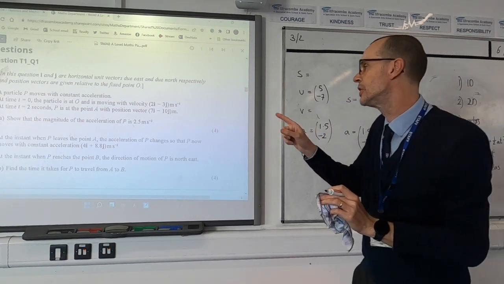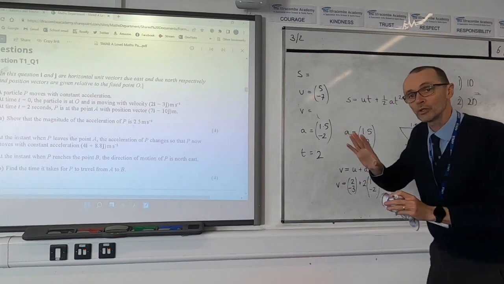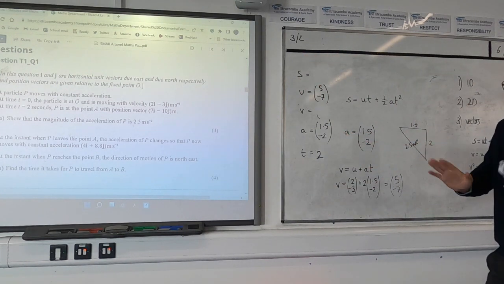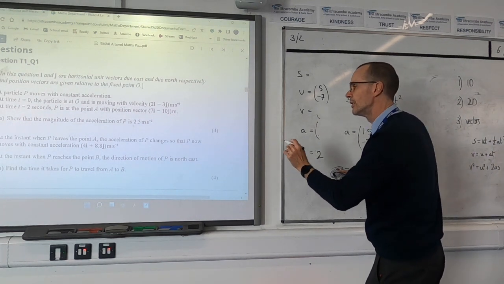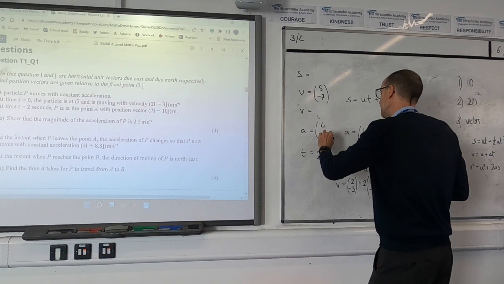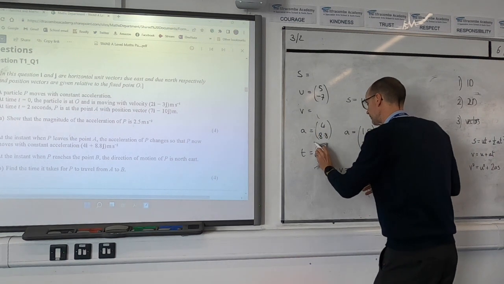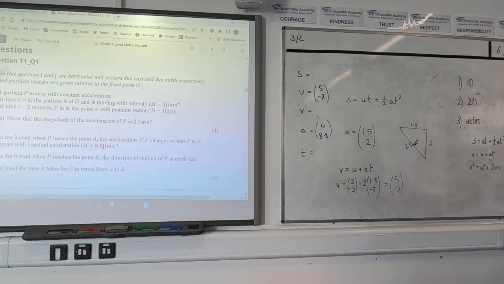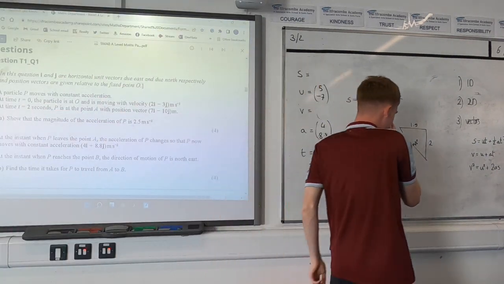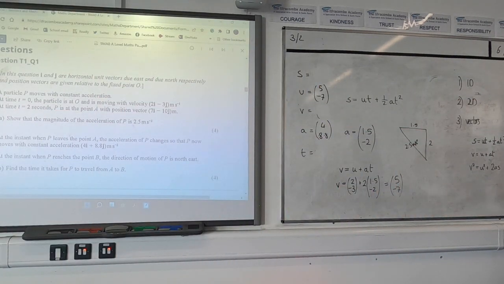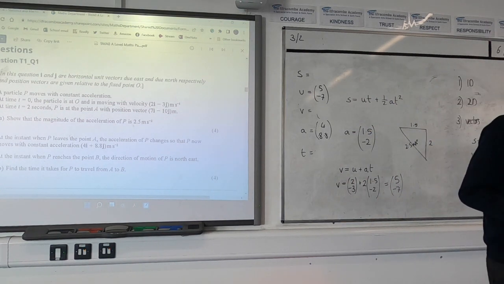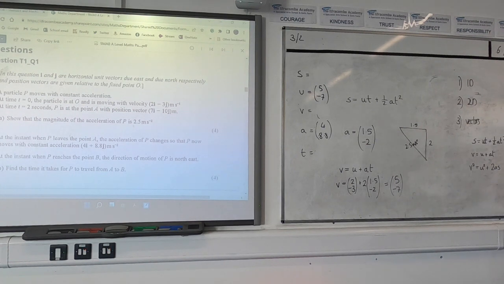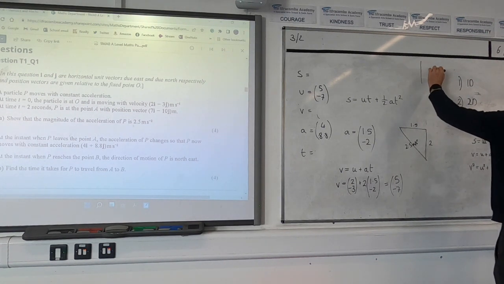The acceleration changes, still constant, and of course Suvat only works with constant acceleration, so it's now 8.8. And we're told that at this point the direction of motion is northeast.